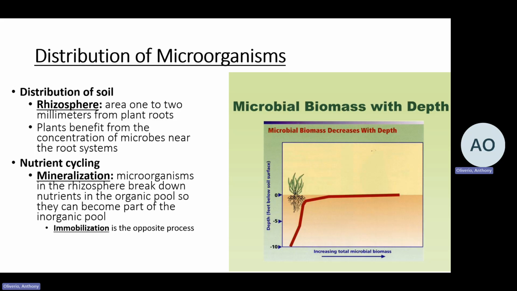And soils that lack that or lack the conditions to grow that biomass, those plants suffer greatly. It's pretty cool. And this is where all the nutrient cycling occurs. And you got two terms here, mineralization and immobilization. In the next part, we're going to talk about these terms and specifics dealing with nitrogen.